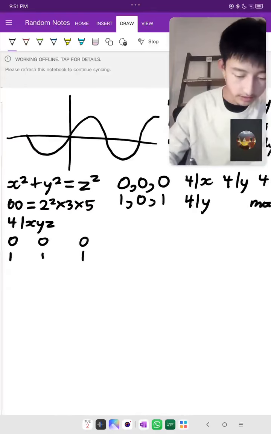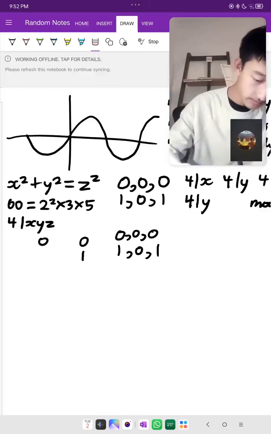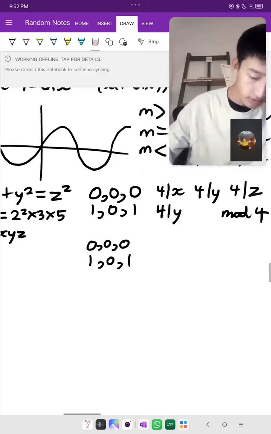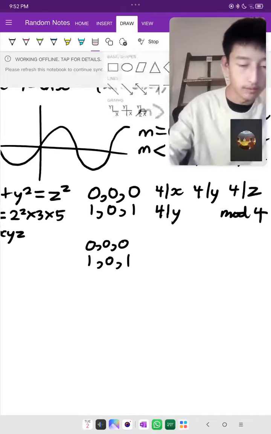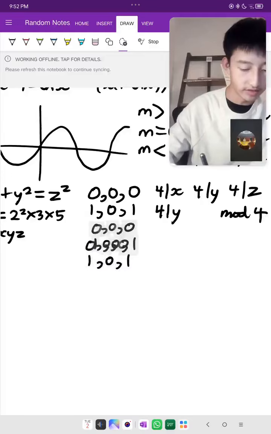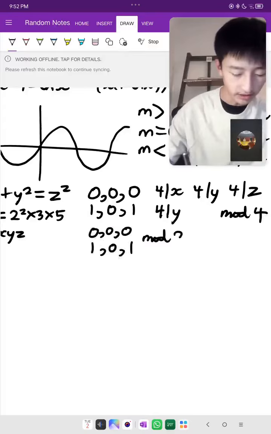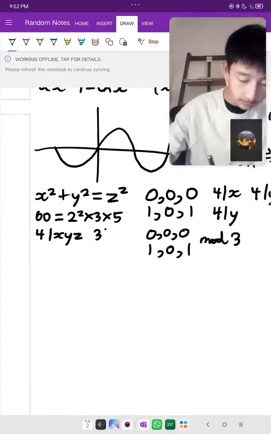So that means we can either have 0, 0, 0 or 1, 0, 1 mod 3. In both cases, at least one of x, y, and z is divisible by 3. So we've shown that 3 divides xyz.